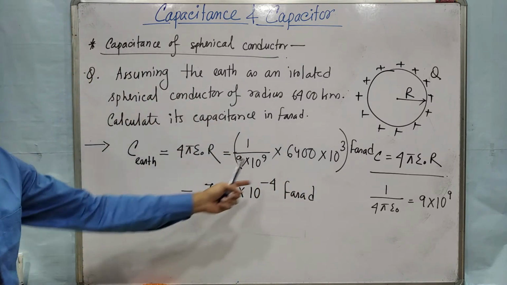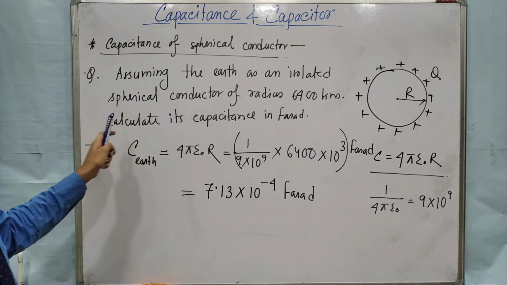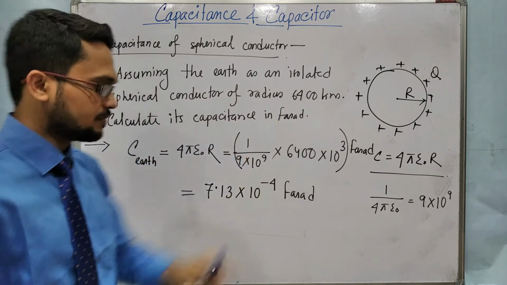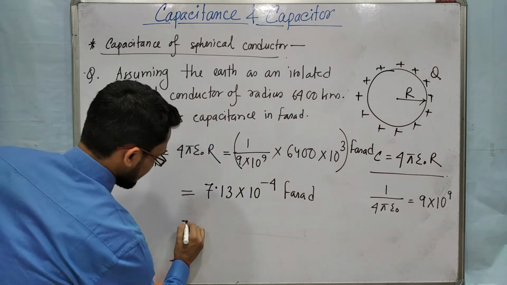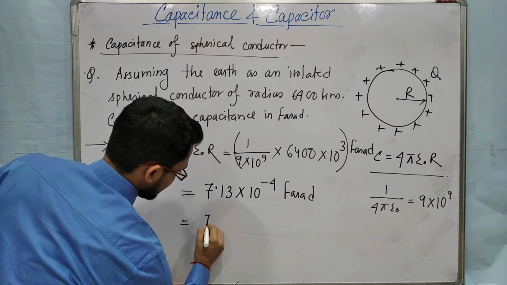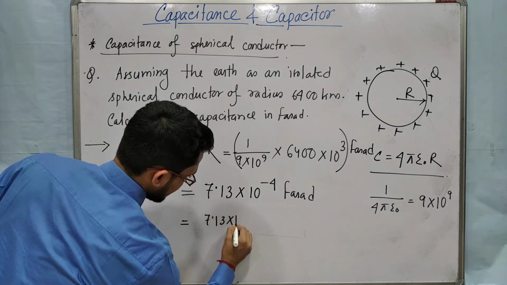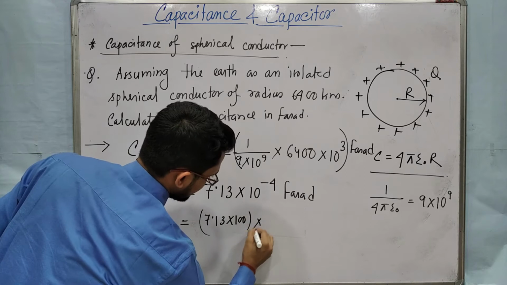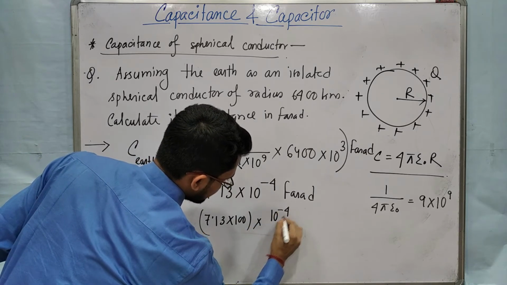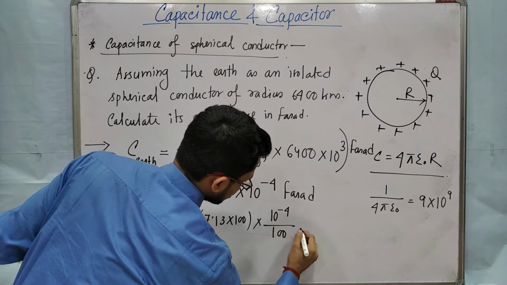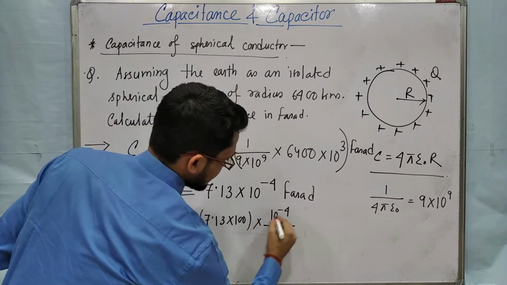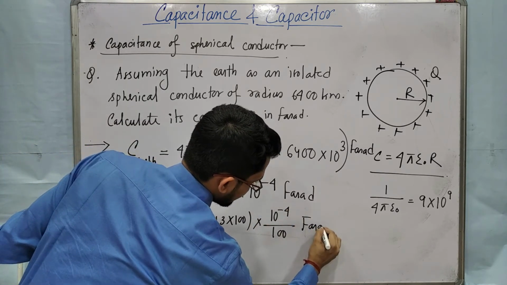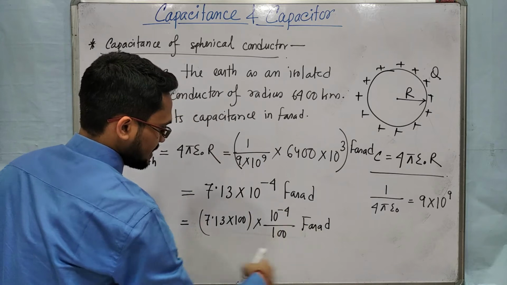Okay, just calculate it. If the question is to calculate its capacitance in microfarad, then multiply 7.13 into 100 into 10 to the power minus 4 by 100. This much farad. Now it will be 10 to the power minus 6.